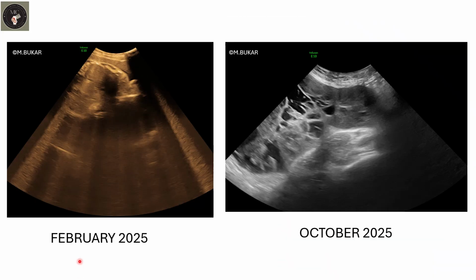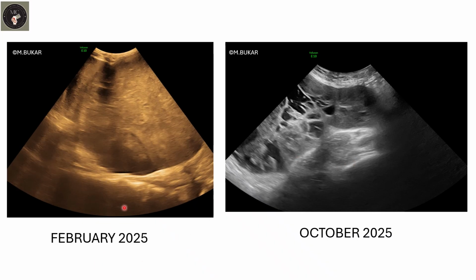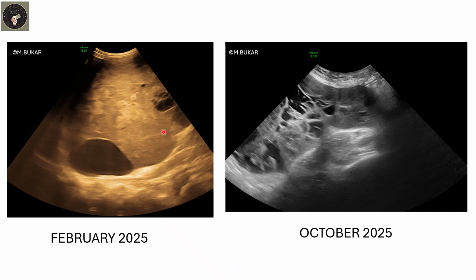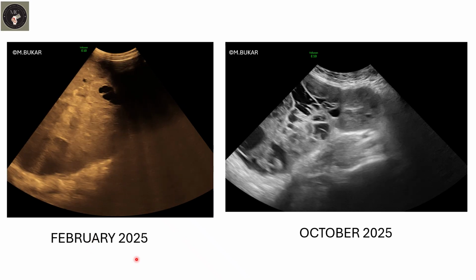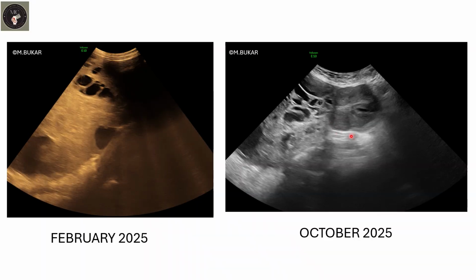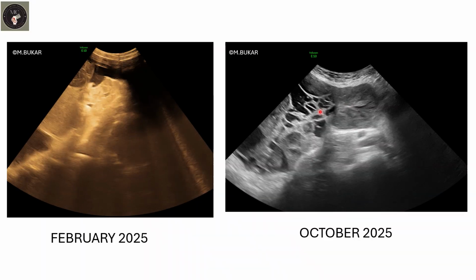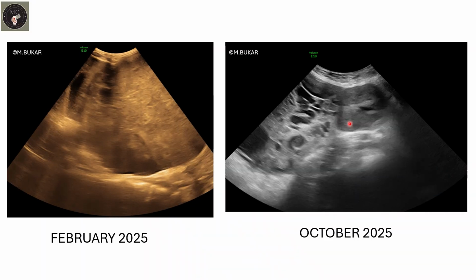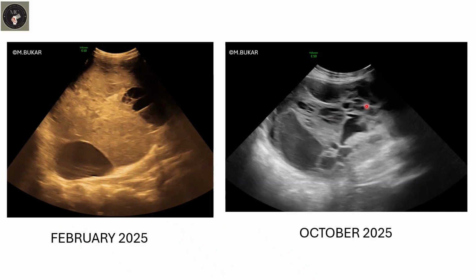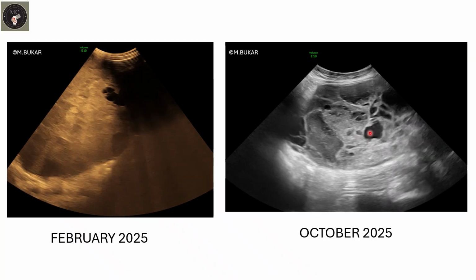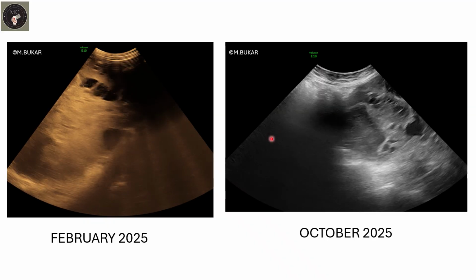So here, comparing the ultrasound image in February and October, 8 months apart. So this lesion, February, and 8 months later, this was in the right ovary, and this in the left ovary.